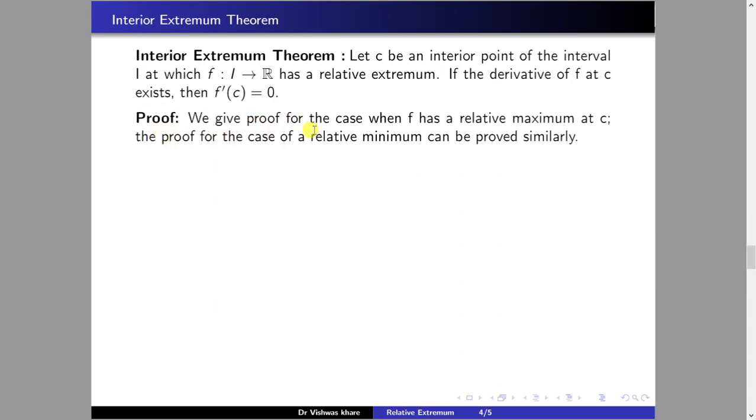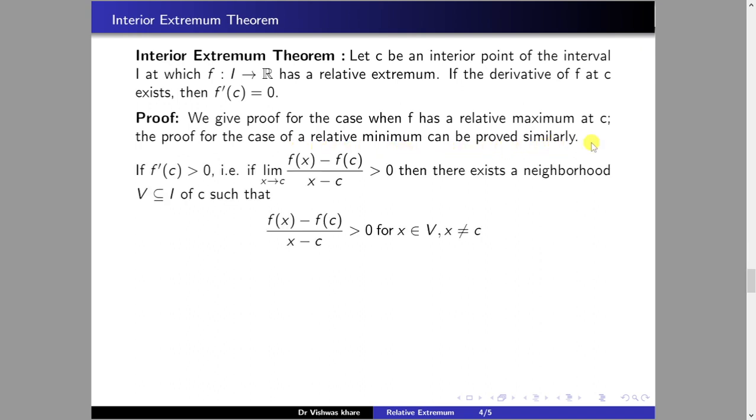We give the proof for the case when f has a relative maximum at c. The proof for the case of relative minimum can be done similarly. Now let us consider if f'(c) is greater than 0. We have to prove f'(c) is equal to 0. If possible, let f'(c) be greater than 0.